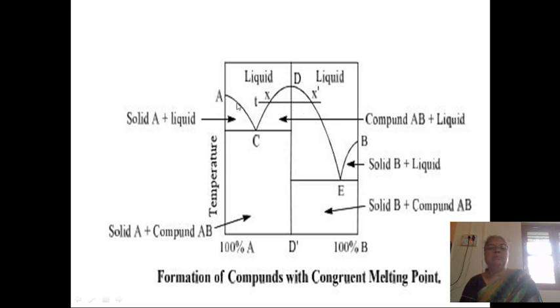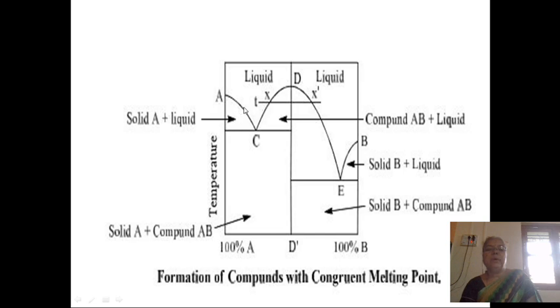Then the explanation of this phase diagram. As usual, curves are univariant, and in this diagram there are three curves. Here the curve AC, the curve BE, and the curve CDE. Remember that all these curves are univariant. That means along the curve AC, two phases are in equilibrium, and those two phases are solid A and the liquid of A and B. These two phases are in equilibrium.